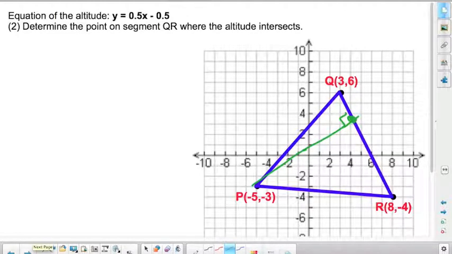In other words, what is that point? We need to identify that point so we can figure out the length. So how do we determine that? Maybe you can see it better if I draw my altitude, my height, like this, and I took the base and drew it like this.